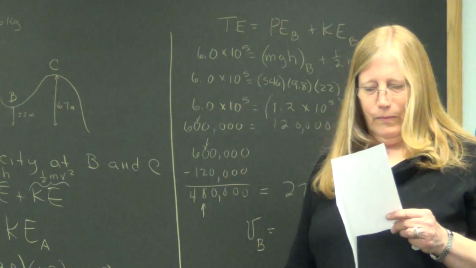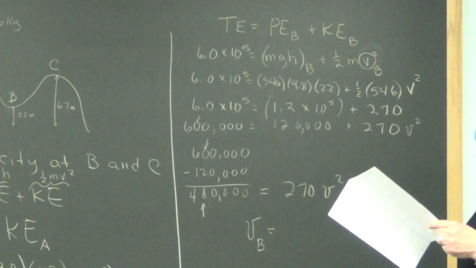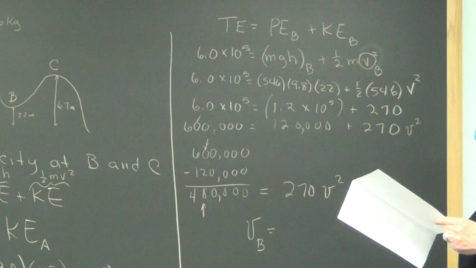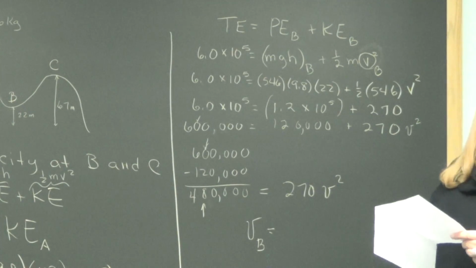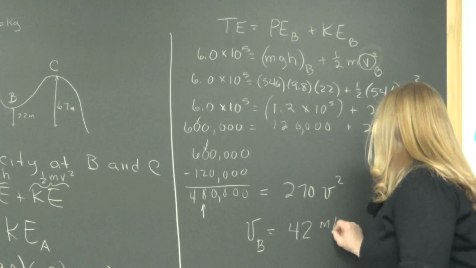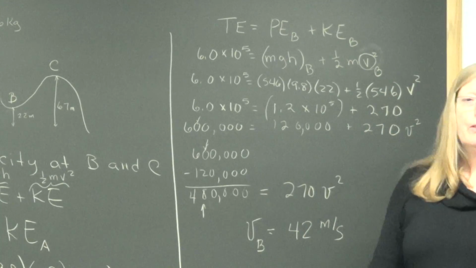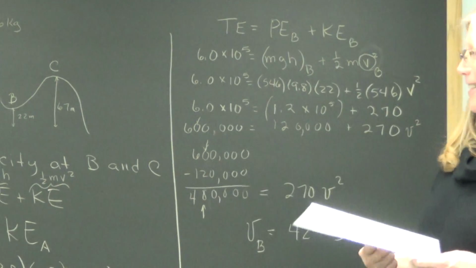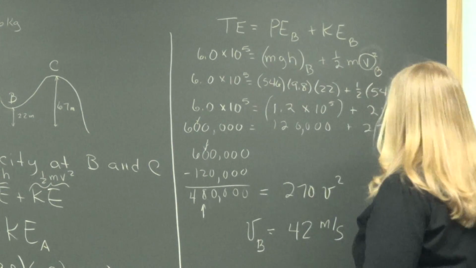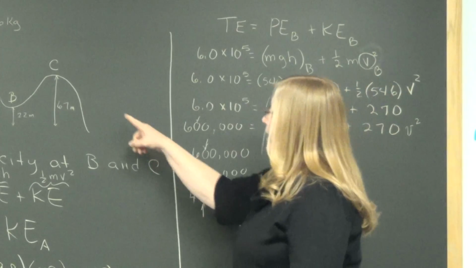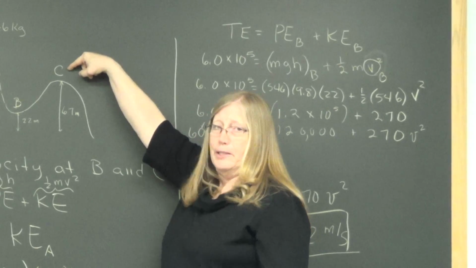Hold on. 42, anyone? All right, 42 meters per second. That's with doing the sig figs the way we're supposed to do them. Now we answered the question. It's 42 down here.